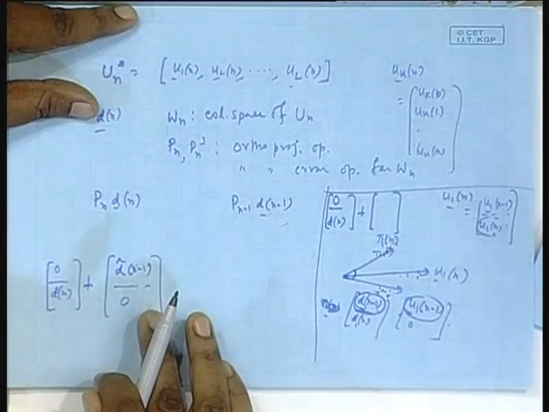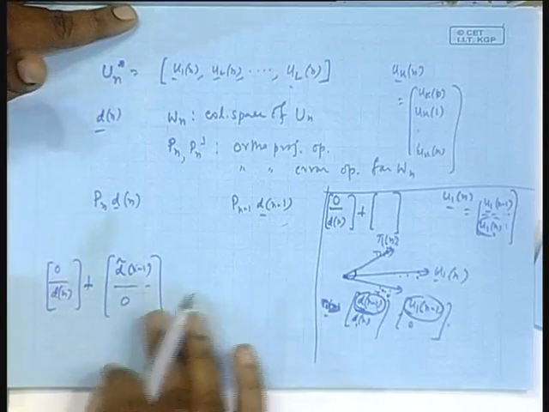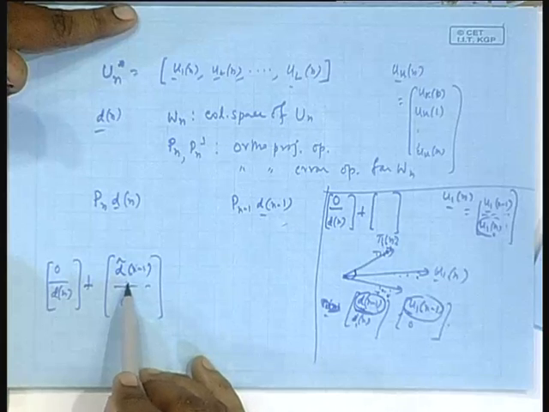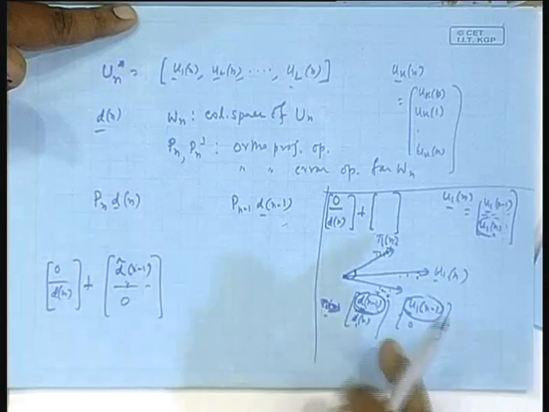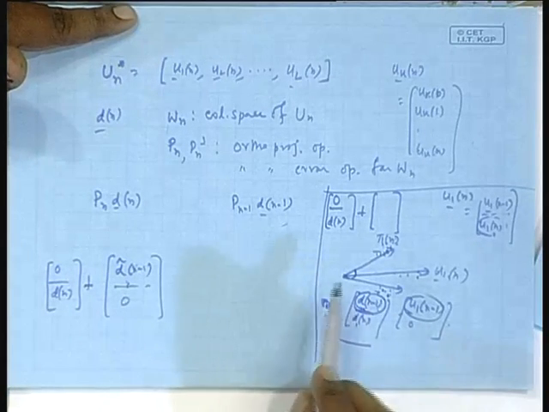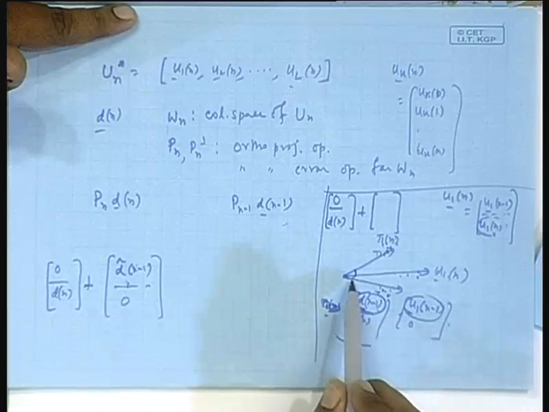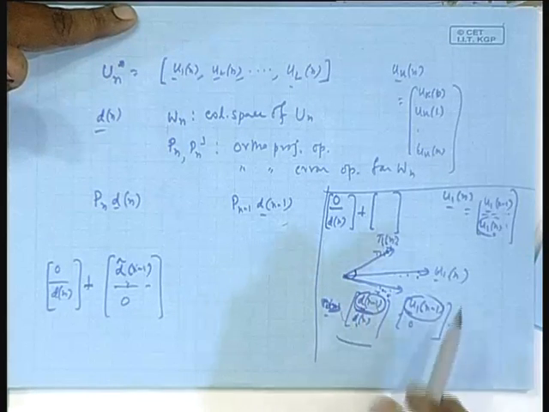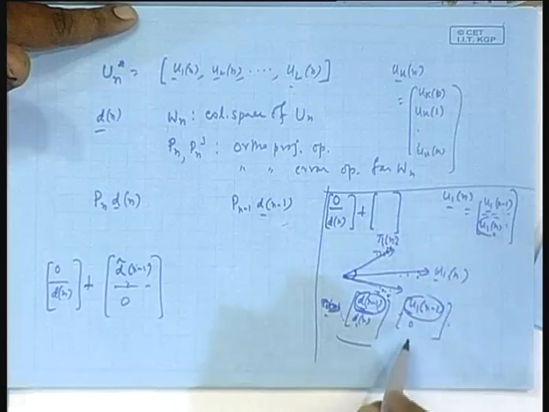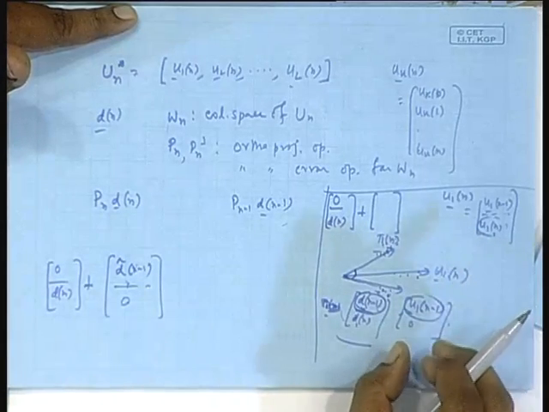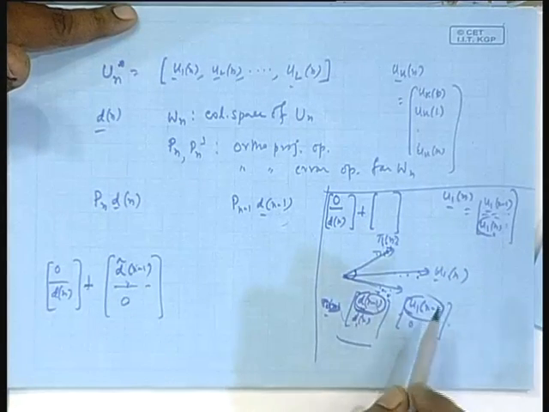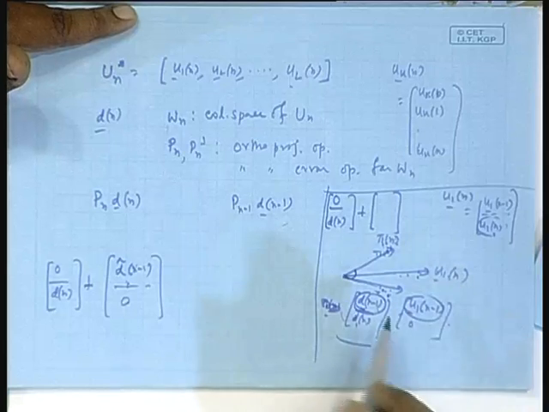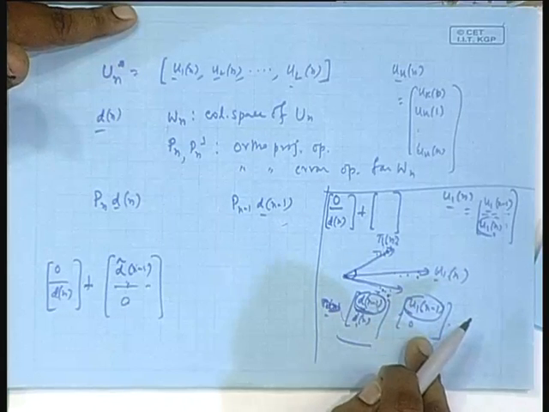You understand this? Tomorrow, next time I will repeat this again, but I am just telling you, have you understood this part? Inner product between this, I am projecting d n on this axis. So, I have to take this vector as it is, this 0 as it is, and this will be multiplied by the inner product between the two divided by norm square. Lambda will cancel, inner product last entry disappears.